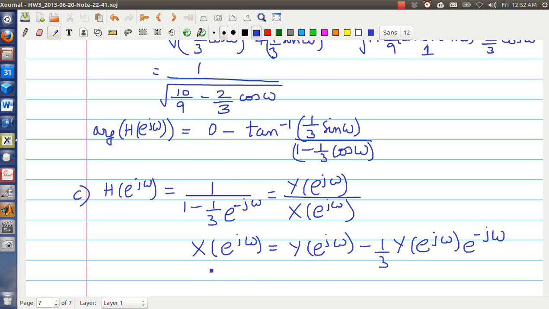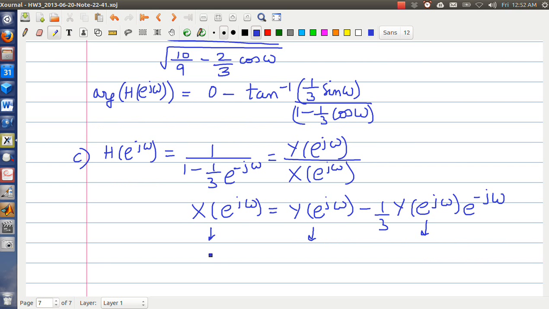Simply take the inverse DTFT of both sides. You should get x of n equals y of n minus 1/3. So it's Y e to the j omega multiplied by e to the negative j omega, which should be y of n minus 1. Right? The time shift comes out like this.